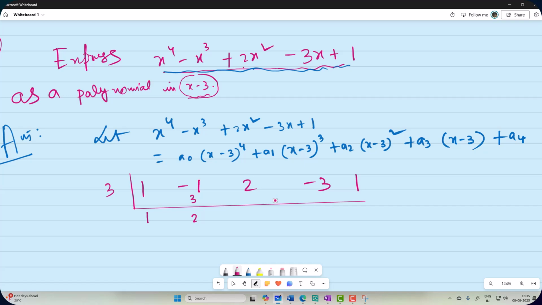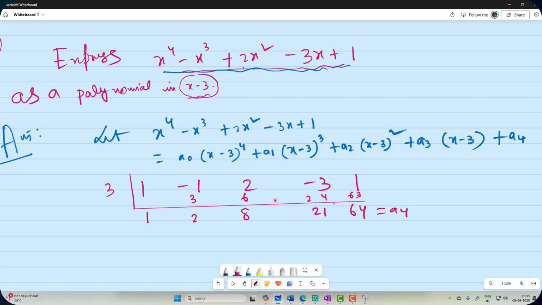This is 2. 3 into 2 is 6. 6 plus 2, 8. 3 into 8, 24. And this is 21. 3 into 21 is 63. So this is going to be 64. A4 equal to 64.